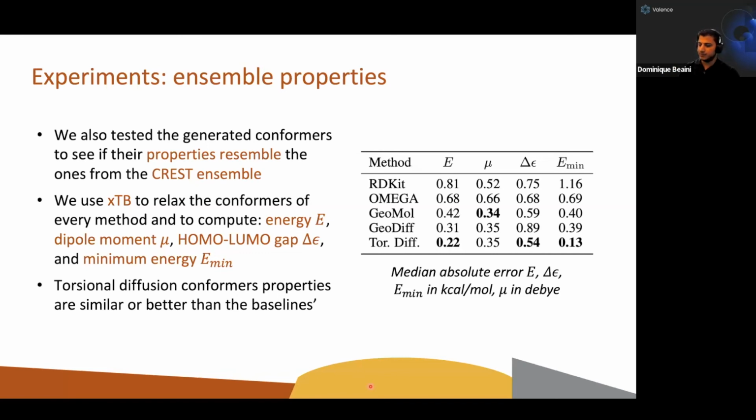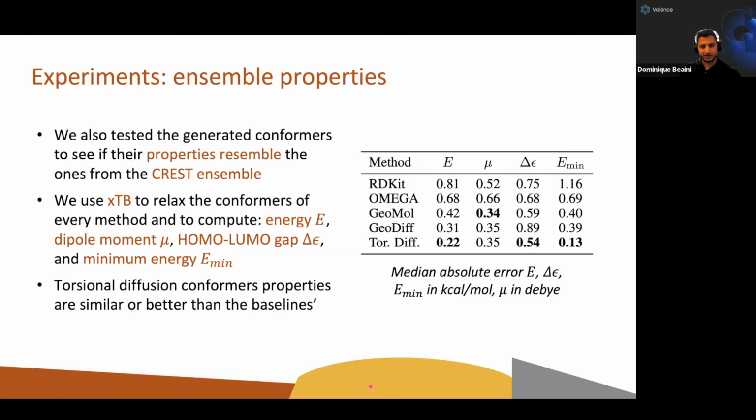And this is really proportional to the exponential of the negative energy. It's known as the Boltzmann distribution. For machine learning researchers, this is kind of doing the softmax of the conformers to get the probability of each conformer being present.